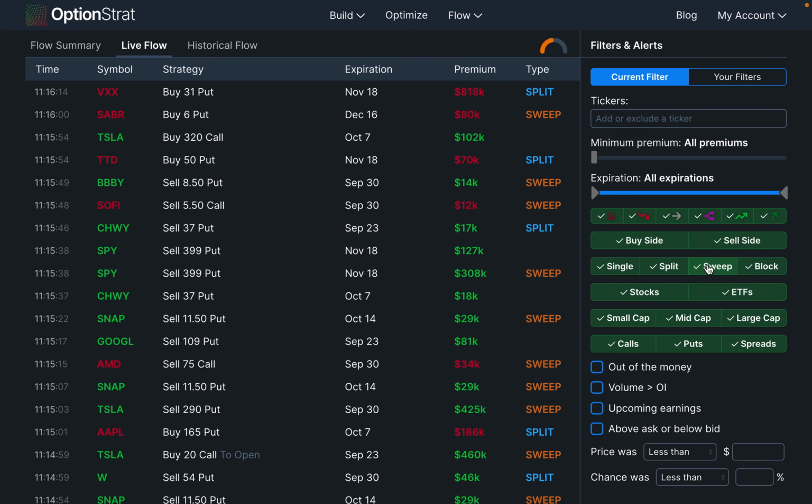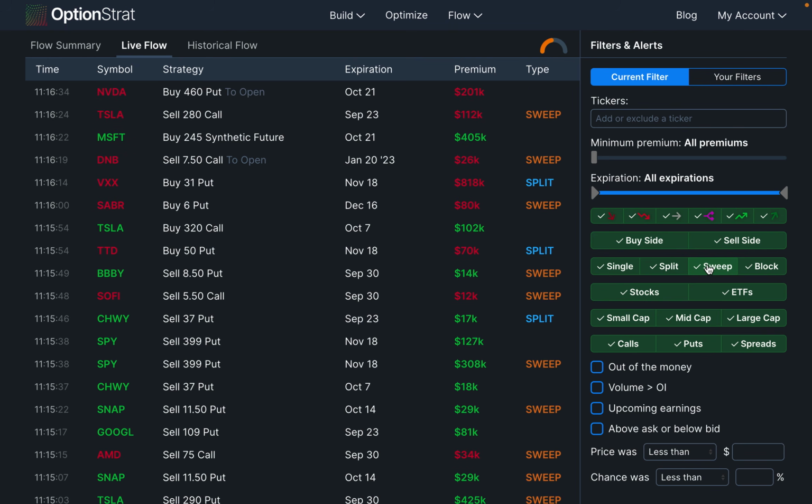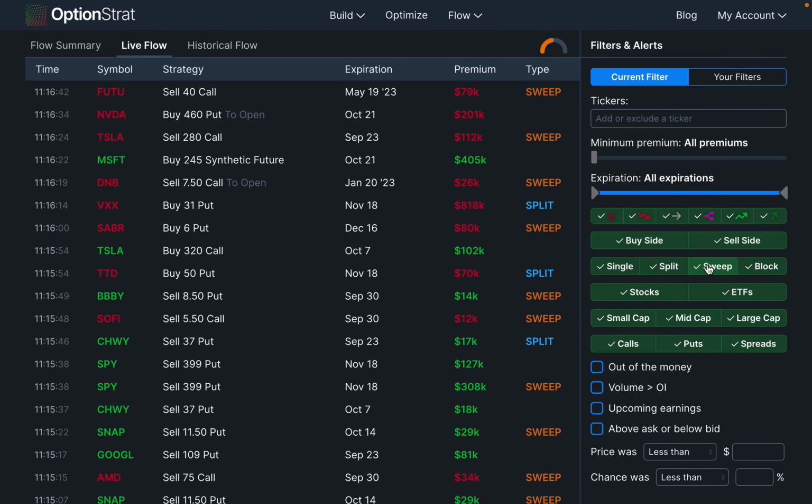And because they're getting executed across multiple exchanges, it could tell us that it's an urgent, larger order potentially, right? They're trying to get in as quickly as possible. So it could be urgent. Maybe they just found something that we don't know of yet, and they're trying to quickly get into the trade. So they execute it across multiple different exchanges so they can get in as quickly as possible.